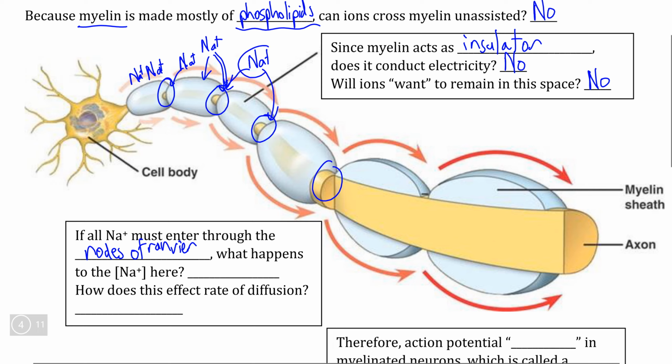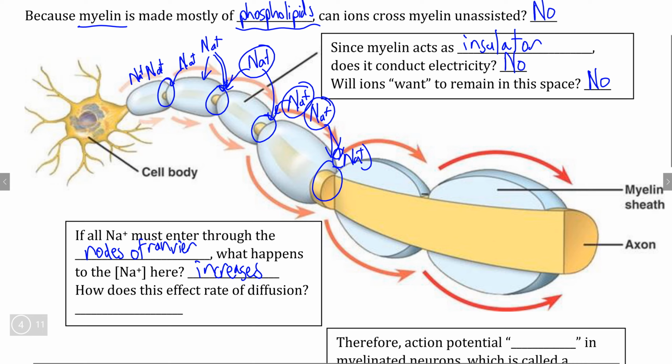Now, as a consequence, if we're taking all of the sodium that exists on the outside of the myelinated axon and moving it all into the nodes of Ranvier, that means we're taking the concentration of sodium on the inside of these nodes of Ranvier and increasing it, because as long as the sodium wants to enter the axon, more sodium would have to enter a very small volume of space.